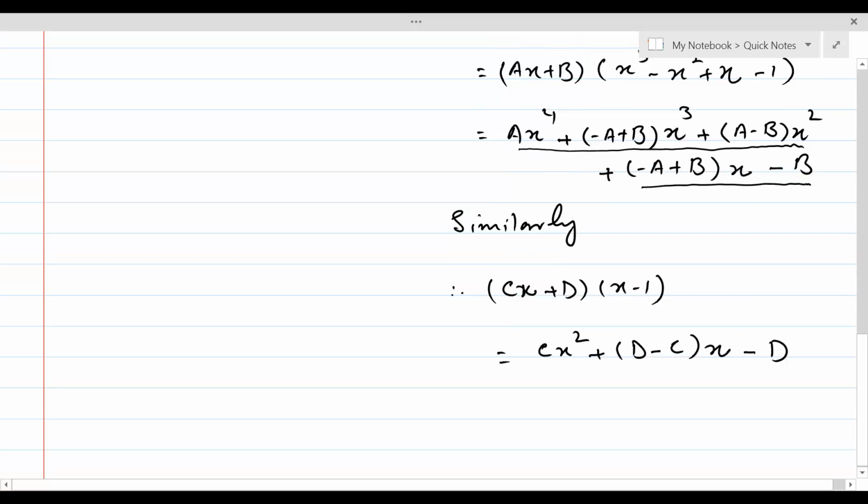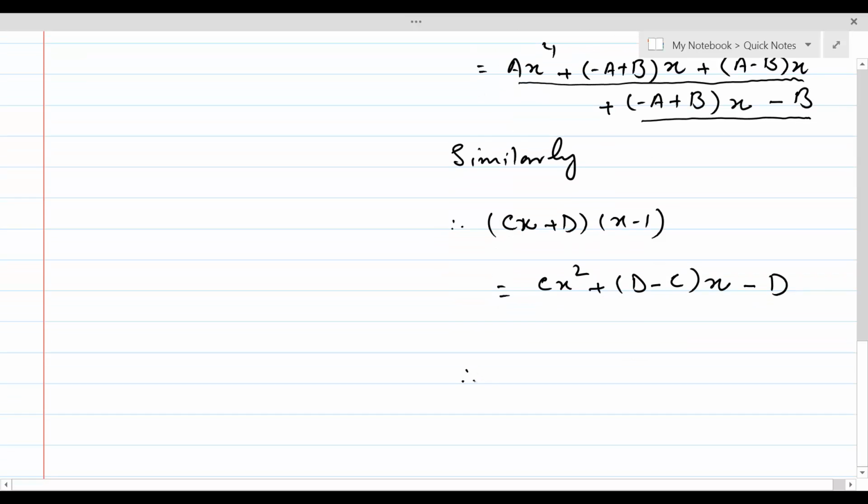And the last term is e into (x⁴ + 2x² + 1). So it becomes equal to ex⁴ + 2ex² + e.